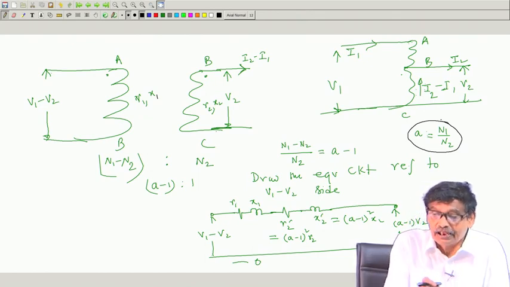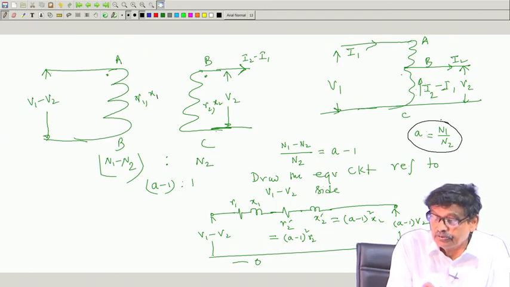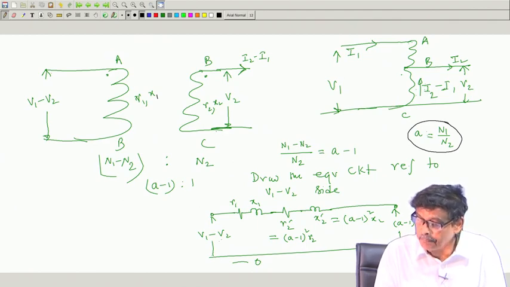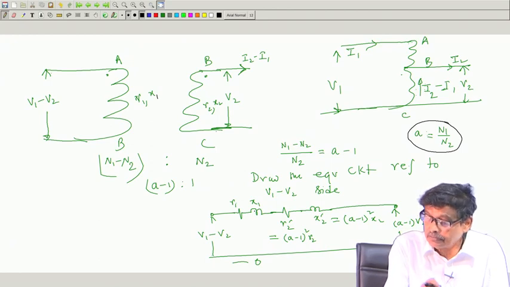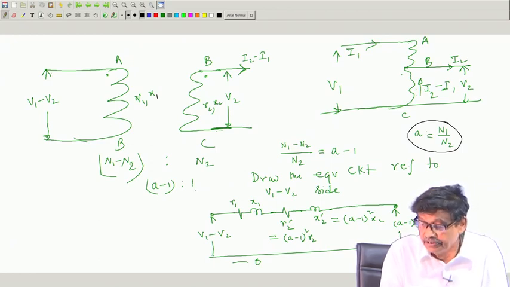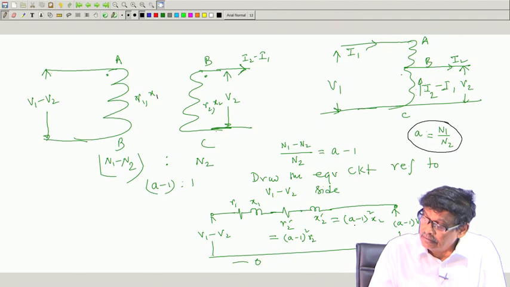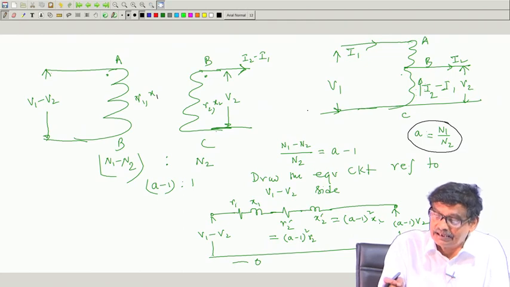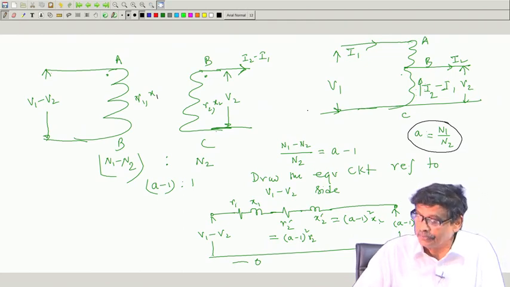Therefore, the equivalent circuit referred to the V1 minus V2 side of these two coils will be like this: V1 minus V2, R1 and X1, then these parameters will be referred there with this turns ratio. So A minus 1 whole square into X2, and R2 dashed will be A minus 1 whole square into R2, and here you will get the actual voltage V2 times A minus 1, that is A minus 1 times V2.